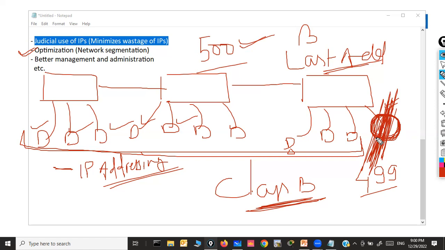If one computer is compromised, there is free flow and lateral movement can be done. So from this perspective, a big network, even a network of 500 computers, is never suggested. It's not a best practice.